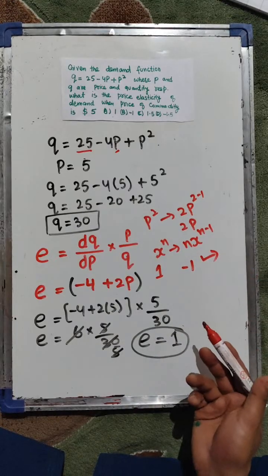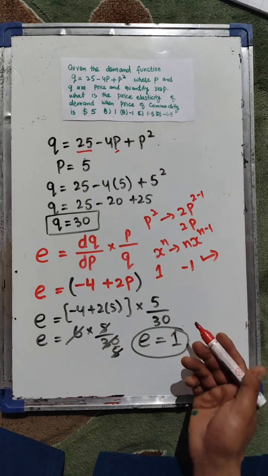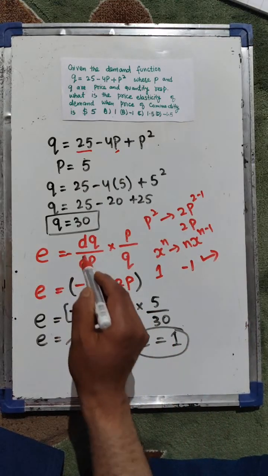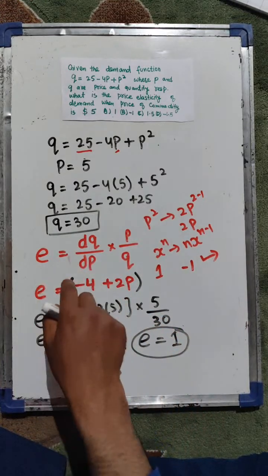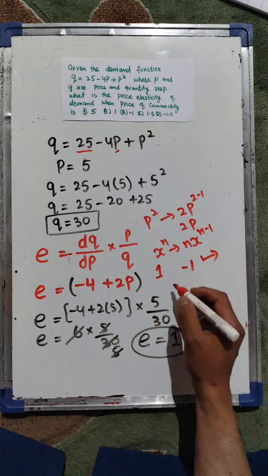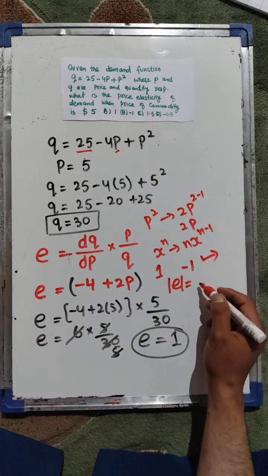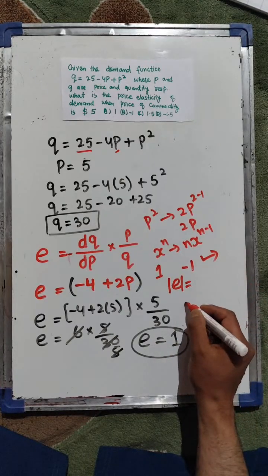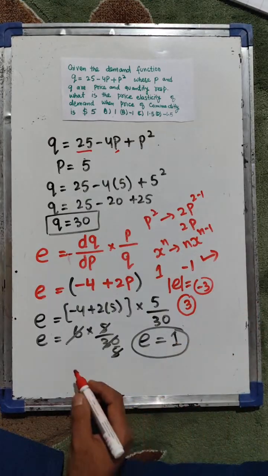Because the relationship between price and quantity demanded in normal situations is negative, in the elasticity formula we need to have the minus sign. Otherwise we take elasticity in absolute form, but we assume that when we get elasticity as 3, it is negative 3. So by this, elasticity is equal to minus 1.